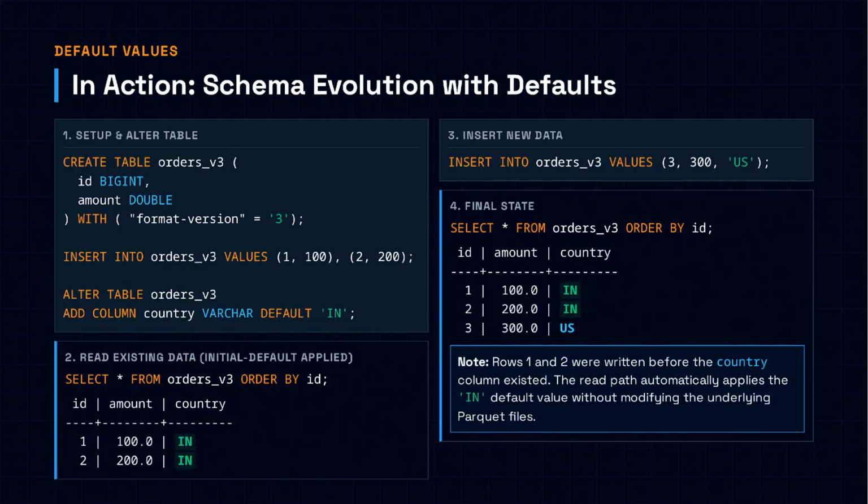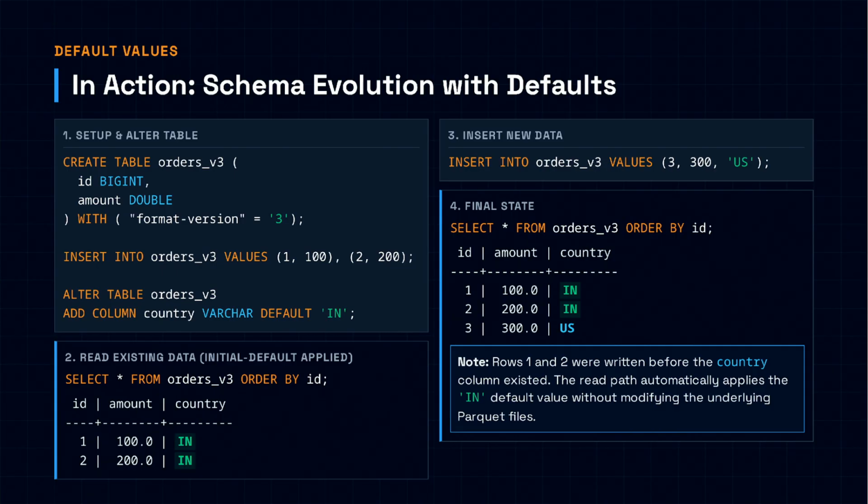This is just an example of how it works. So we've inserted two rows in the table, and then we just added a default value for the new column, and we see that the select actually fills in the default values for the existing rows.